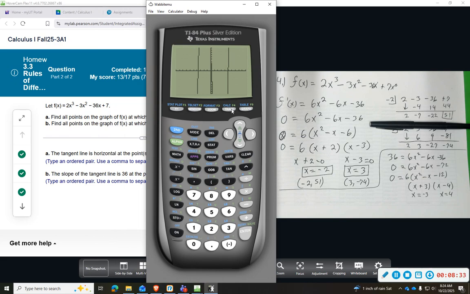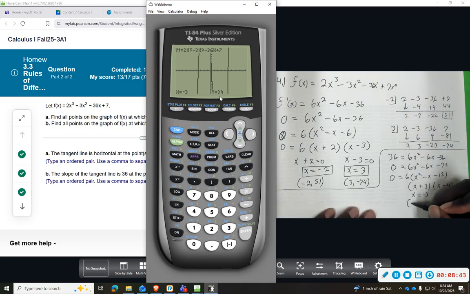So if we hit trace, and then I type in -3, it'll give me the y value of 34. So we have the ordered pair -3 and 34. And then all I got to do is type in the 4 now, and then hit enter. And that gives us a -57.